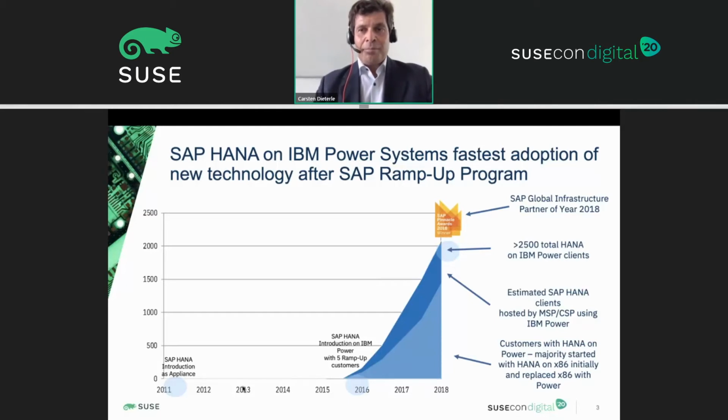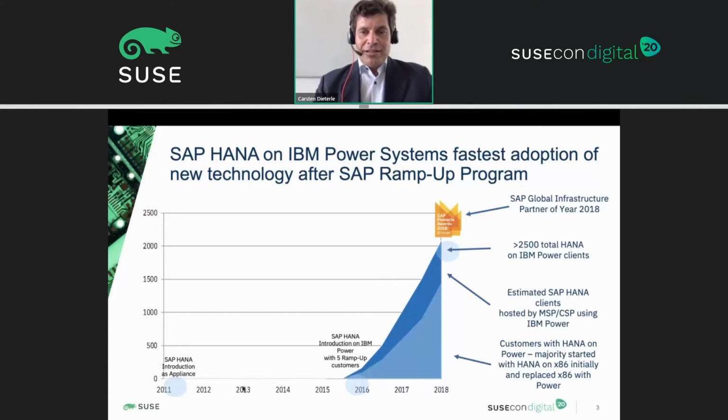We received a big award from SAP themselves, the Pinnacle Award in the year 2018, as the SAP Global Infrastructure Partner of the Year. We have more than 2,500 clients, and in the meantime we have very much attendance from MSPs and cloud service providers, who are also using IBM Power for their HANA installations.